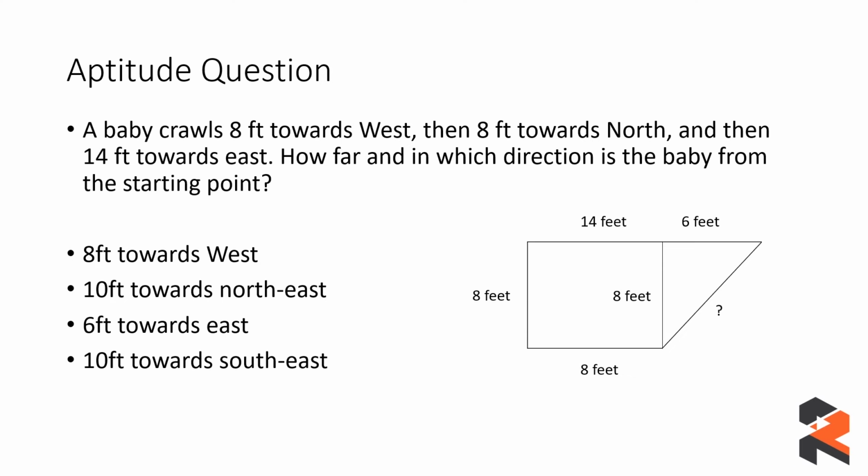So now in this case you have two options which have the answer 10. So you need to also look for the direction. So many students might go for option number 4, that is southeast, due to the options available, and there are multiple options available, and if you don't check you might be wrong. Your answer in this case is 10 feet towards northeast. So now let's look at another question.